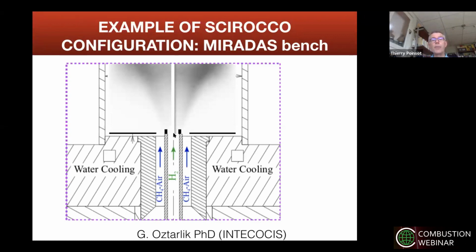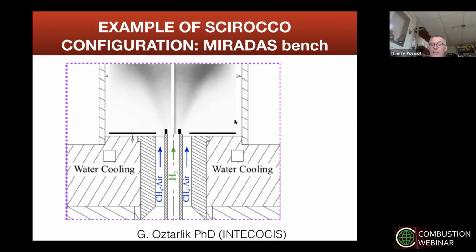When I say a little bit, we will measure how much H2 we inject by comparing the power available due to this H2 to the overall power due to H2 and CH4. And the typical levels we use are 1 to 3%. That means that the H2 we inject here contributes to only 1 to maybe 3% of the total power. So it's really small, but we inject it in a sensitive place, okay?